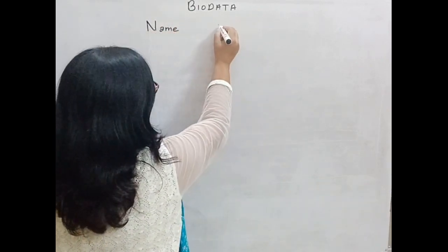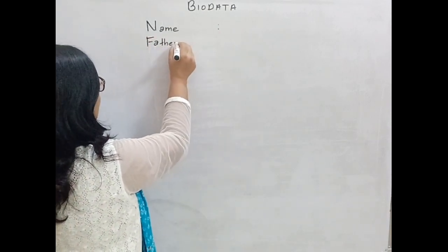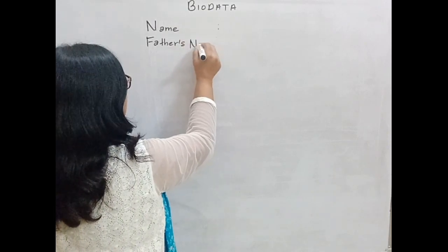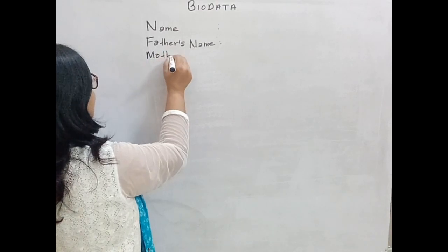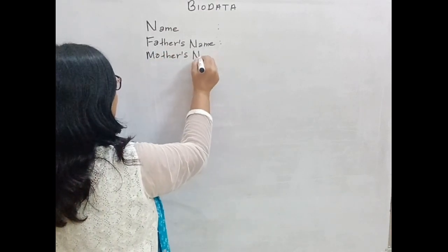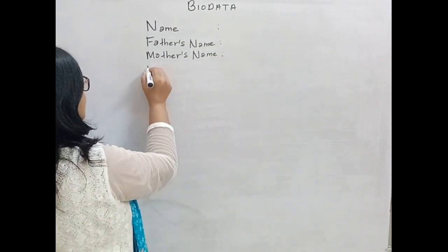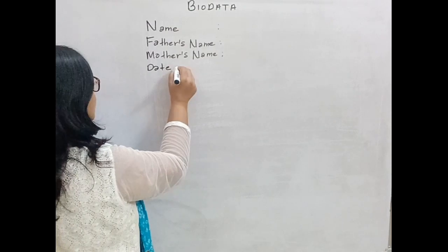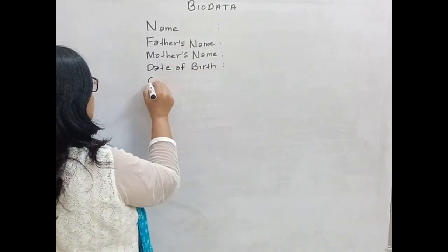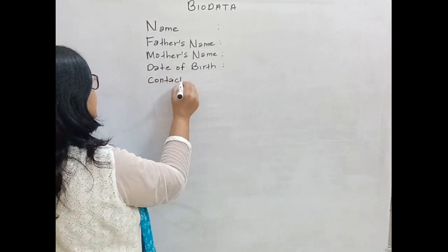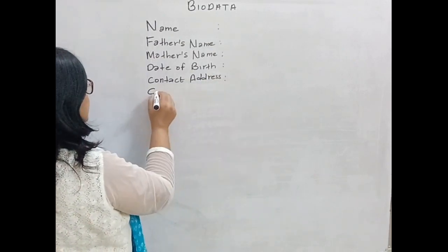Then father's name. Mother's name. Date of birth. Contact address. Contact number.